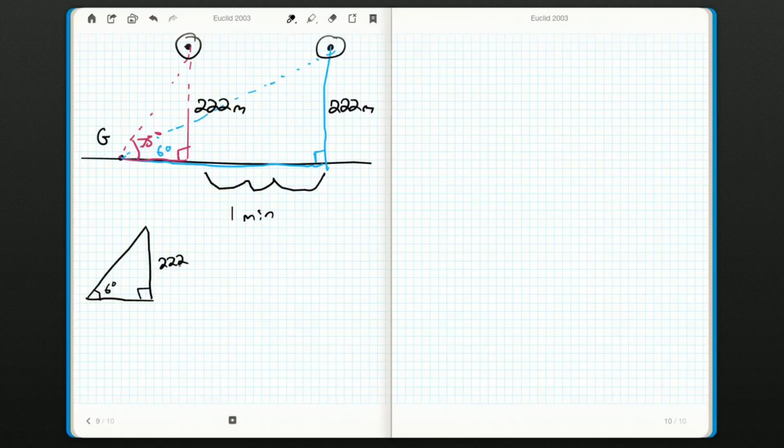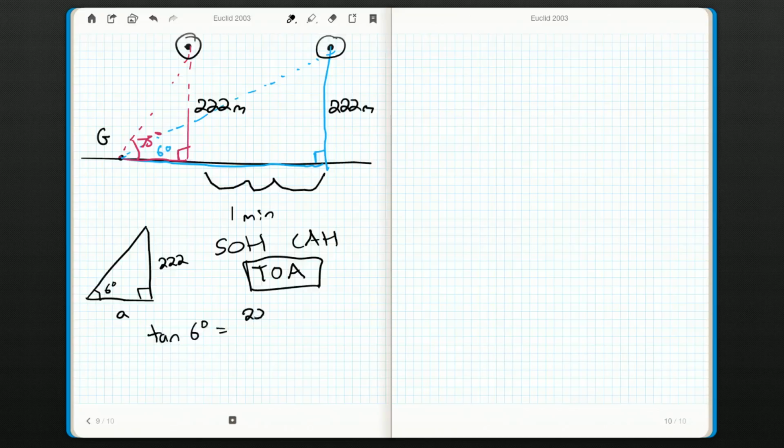So if I know the opposite length, if I write out my SOHCAHTOA, I want the adjacent length. Involving the angle, the opposite, and the adjacent, there's only one that does that, and that's the TOA. So, tangent of 6 degrees is our opposite over our adjacent.